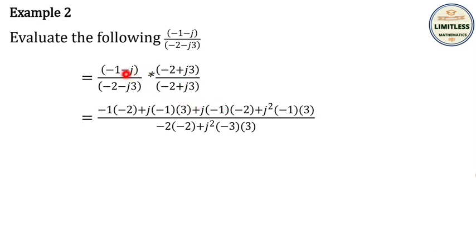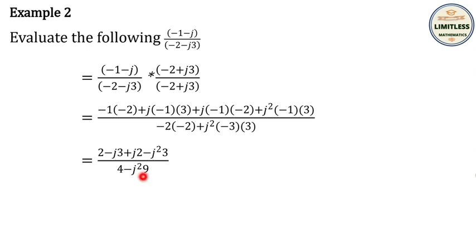So here basically it's a -1 in front, hence we are getting -1, then j positive. So -1 times -2, then here is -1 multiplied by -3, then j times j, which is j square. Then after that we move forward. Then it's just a matter of simplification here.